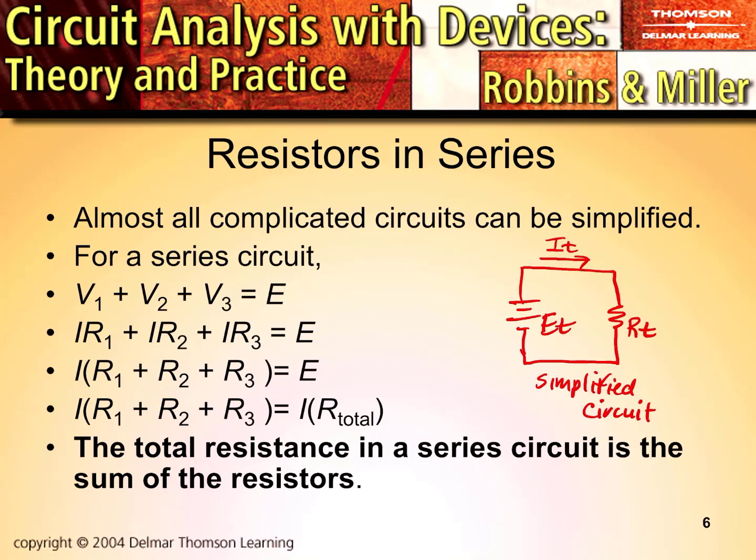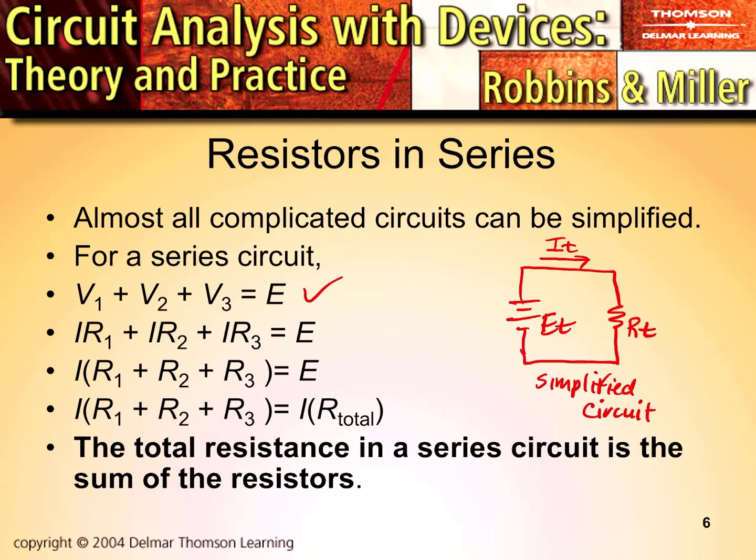So for a series circuit, we've already determined that the sum of the voltage drops will equal the sum of the voltage rises. So V1 plus V2 plus V3 equals E. So we proved that. Then what we are doing is saying each one of those voltages can be expressed as an IR value.